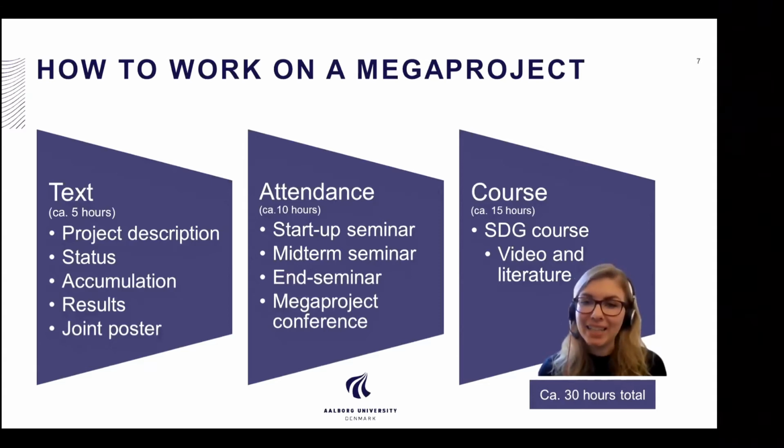And then at the end of the semester, you will meet up at the end term seminar. And here you will sum up what you have found out, what your results have been, how they are interlaced. And on the basis of this, you will make a joint result that can be here at the conference. It might not be a poster as this slide says.